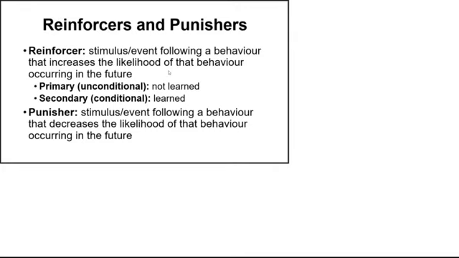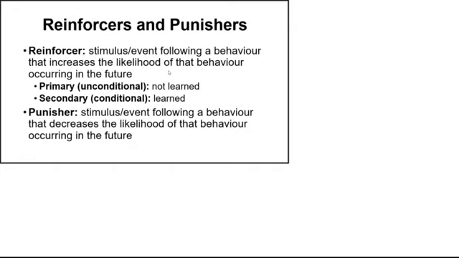Okay, so we've been talking about things where you get something and it is reinforcing, or something is bad and it might be punishing. We can call those specific stimuli or even the events themselves reinforcers and punishers. This mostly applies to our positive reinforcement and punishment because we are introducing a stimulus or an event that's leading to a particular outcome.